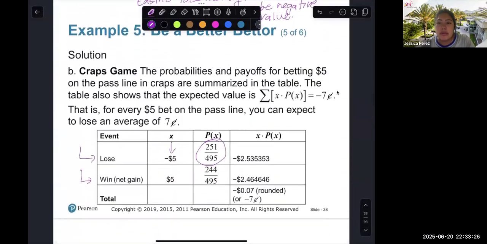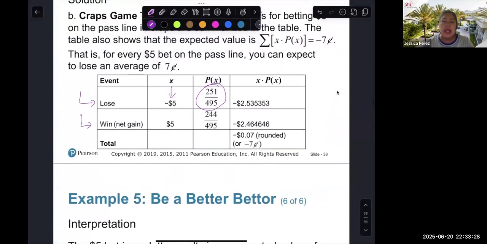So then you create a probability distribution as a table, and you multiply -5 times 251 over 495, you get -2.53. And there's a typo here. There's another one. This should be positive 2.46 because now you're winning $5. The probability is 244 out of 495.